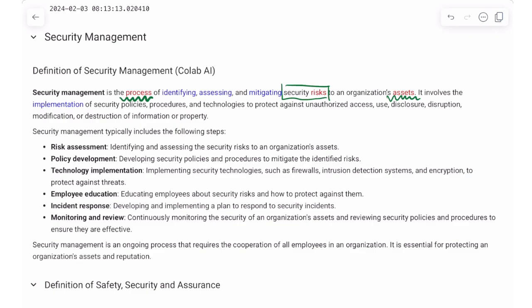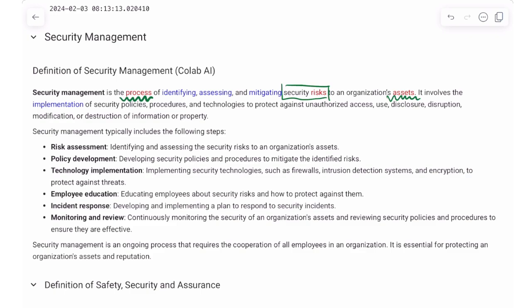And after identifying such security risks, you do risk assessment. That means you have to quantify the risks, for example, by how severe it could be if it happens, and what is the probability of such security risks occurring in your organization.